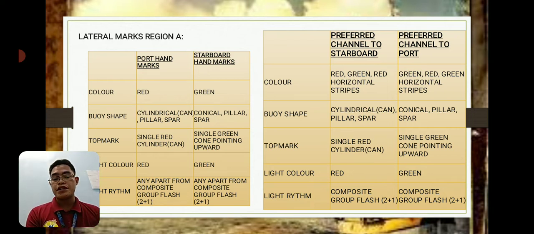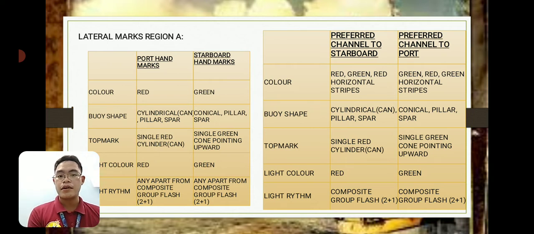This is only for region A. The buoy shape is cylindrical, pillar, or spar for port, and conical, pillar, or spar for starboard hand marks. From the top mark, if you're not familiar with it, there is also a top mark on the buoy. Later on, we will see the picture.